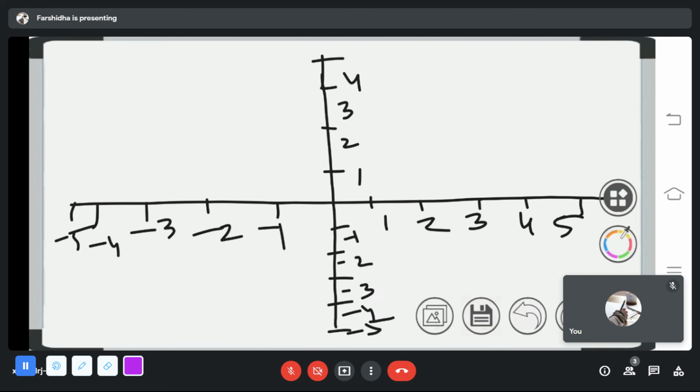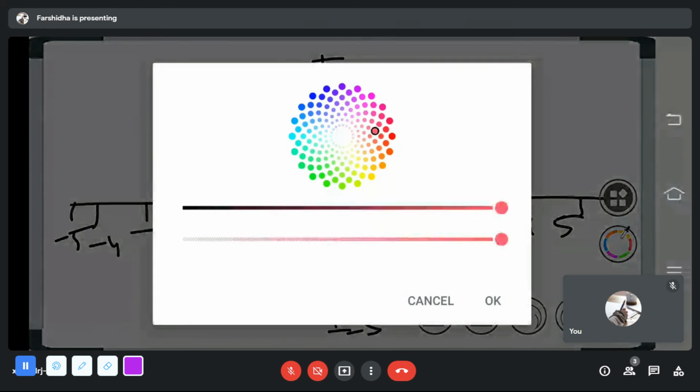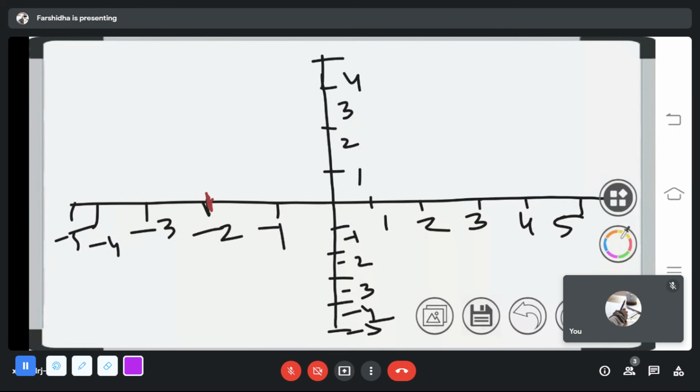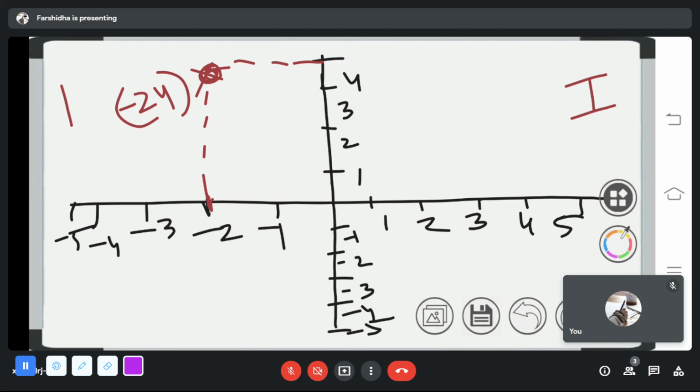Now, the first point is (-2, 4). So, -2 on the x-axis, 4 on the y-axis. This point lies on which quadrant? This is your first quadrant, second quadrant, third, fourth.